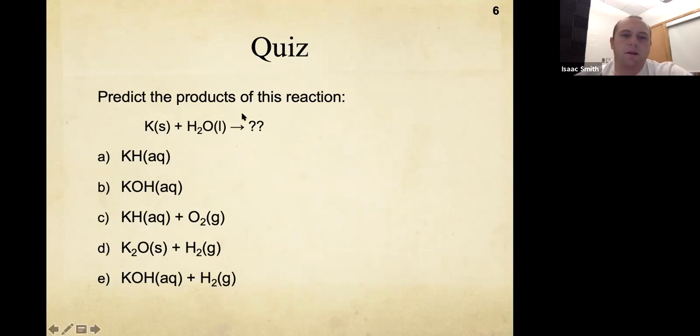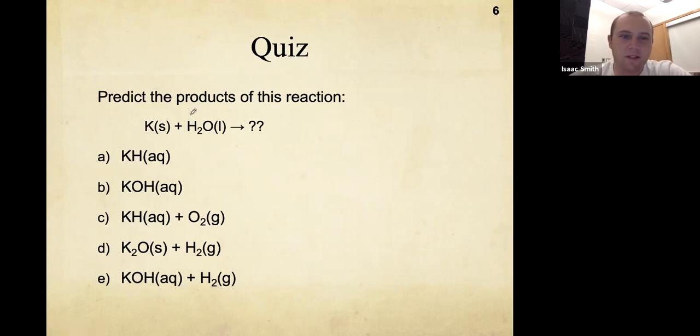We're going to predict the products of the reaction. Go ahead and try this one out. We talked about how metals plus acids give you salts and hydrogen. Water, we talked about how it's amphiprotic, right? It can work as an acid or a base. In this situation, we're going to say it's an acid.